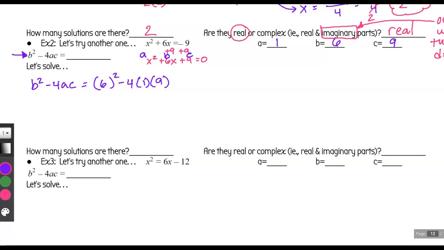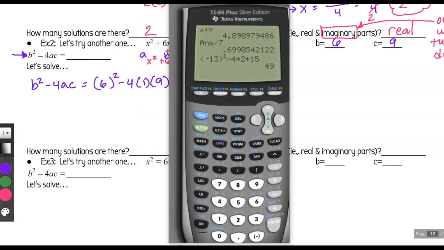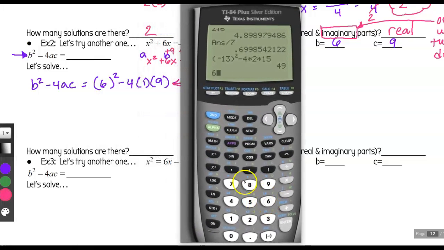And we can put this in our calculator. So we have 6 squared minus 4 times 1 times 9.